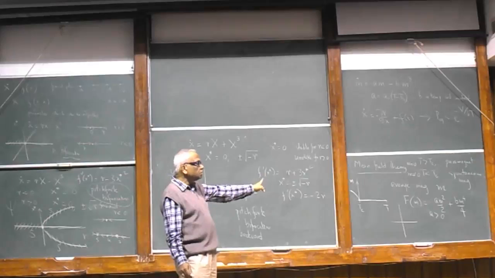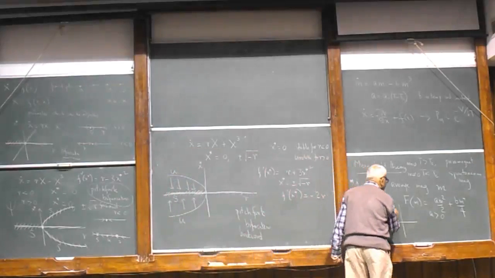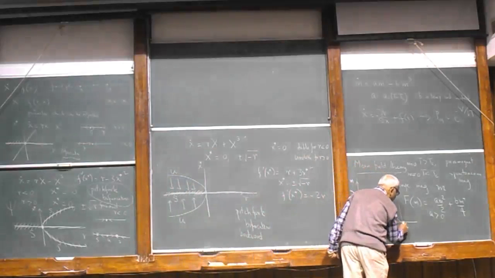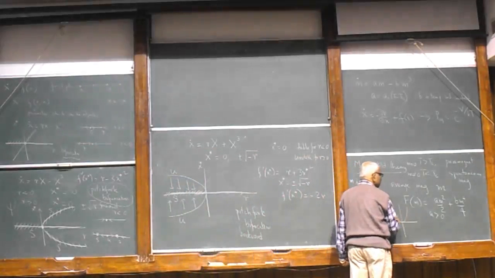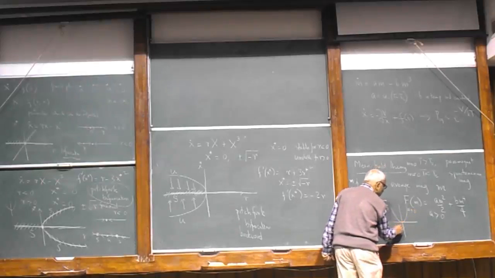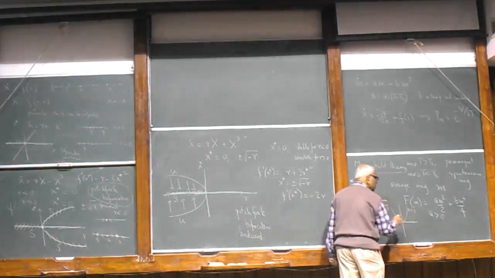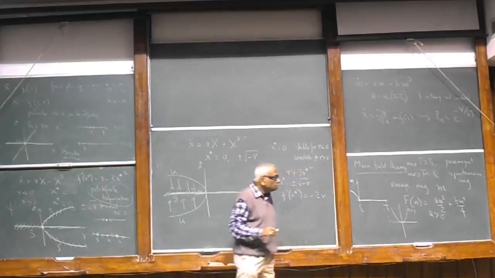Of interest is a, because it changes sign, and this sign change is of paramount importance. For a greater than 0, this is what f looks like, and for a less than 0, this is what it looks like.